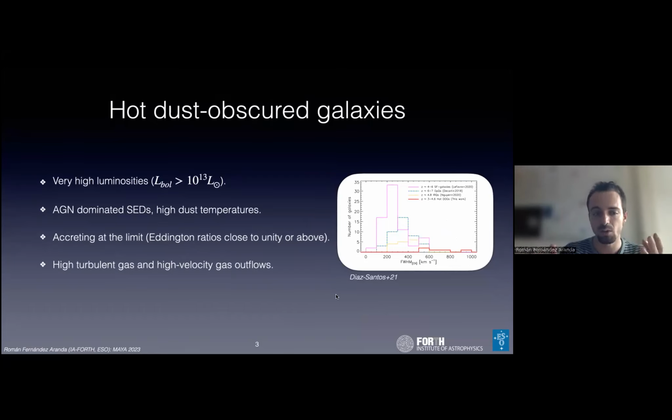So this is all related to accreting at the limit of stable accretion.